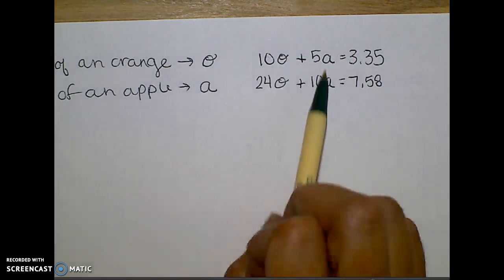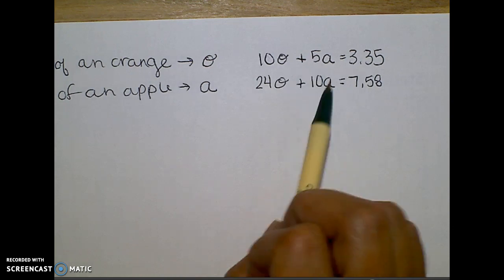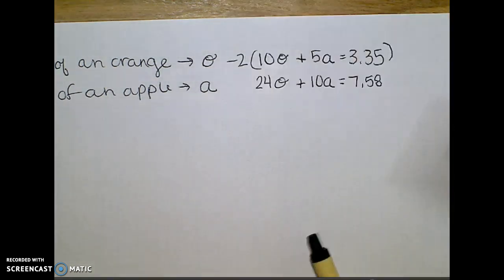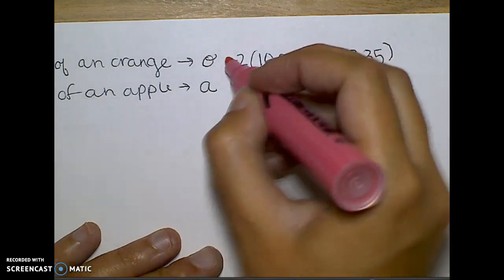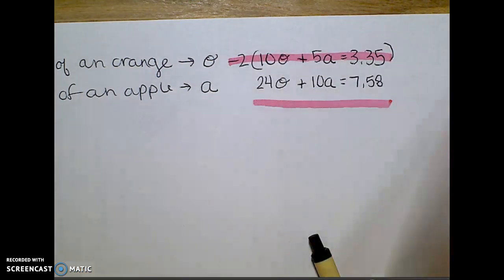I noticed that the A's were super close. If I just times that one by -2, then I'll have a 10. I'm going to do that whole thing by -2. I'm going to rewrite it down here with what I get.